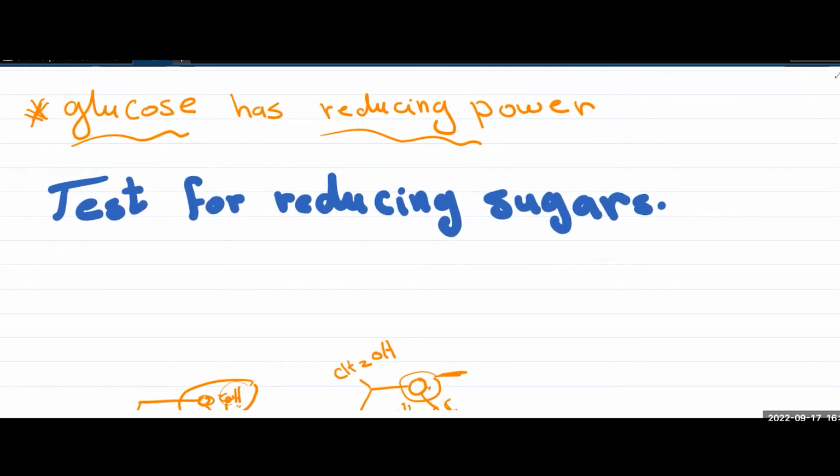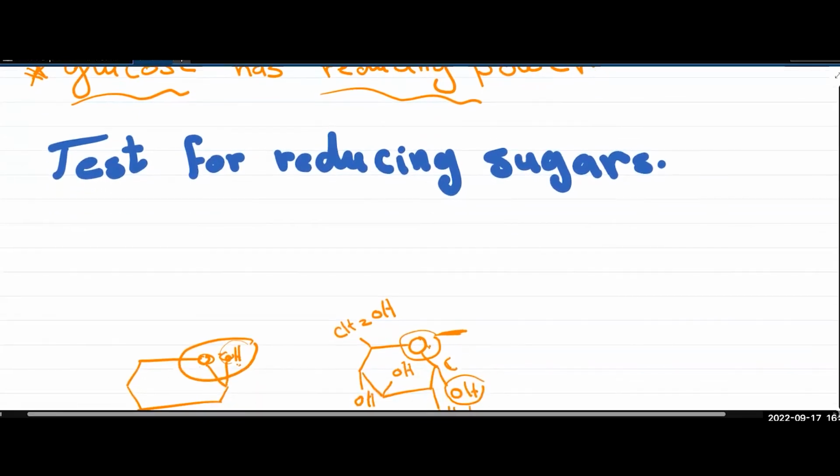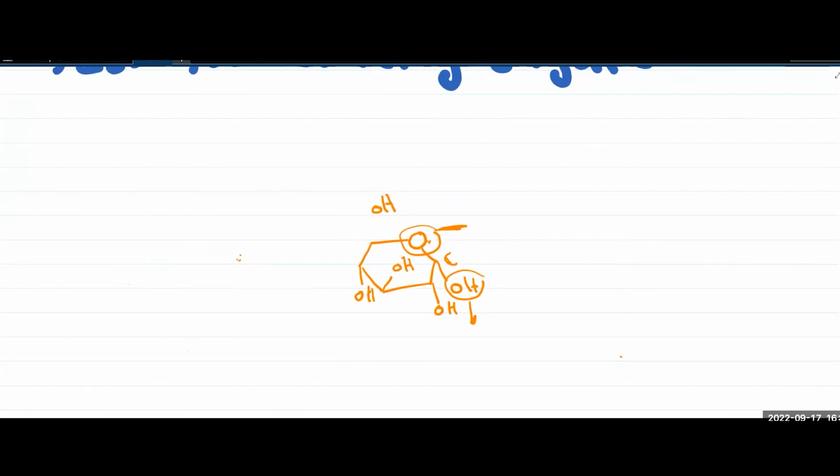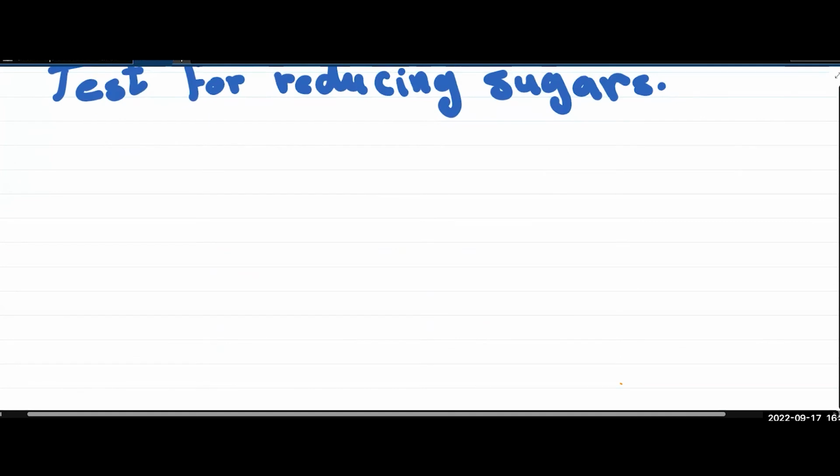Do you remember Benedict reagent or not? We had it in IGCSE if you had it before. I will tell you what Benedict reagent is and I will show you how to do the test now. So the test for reducing sugar is made by a reagent called Benedict, or the Benedict test.